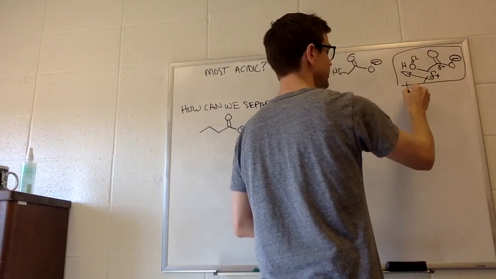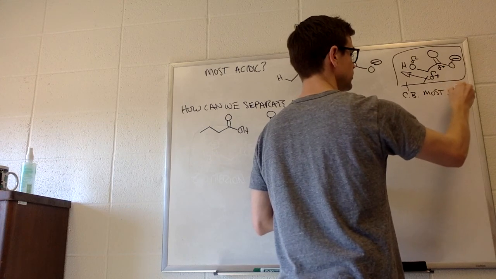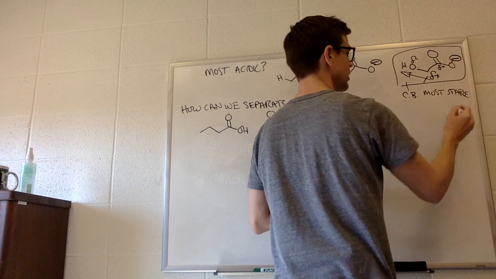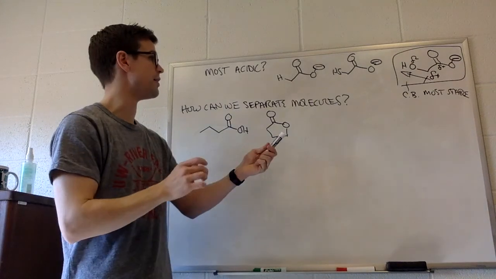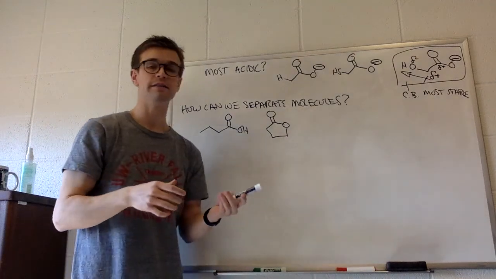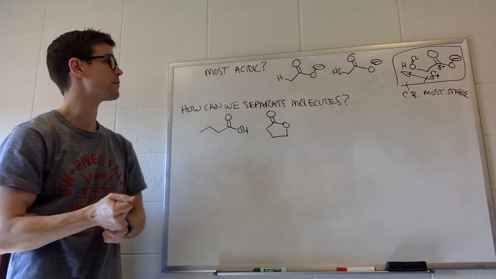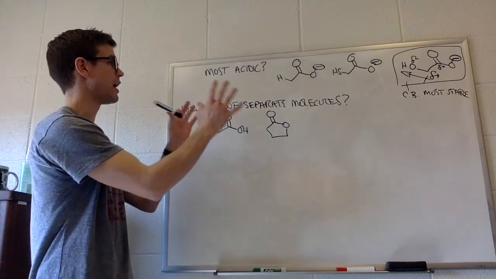So this conjugate base is the most stable. So if that conjugate base is the most stable, then the acid that produced that conjugate base is the most acidic.